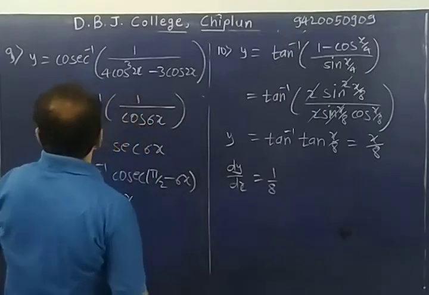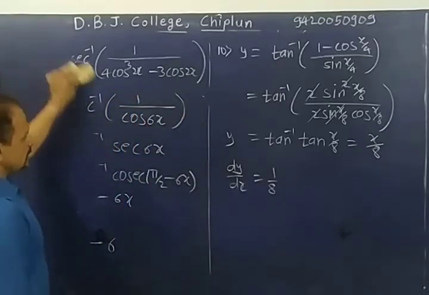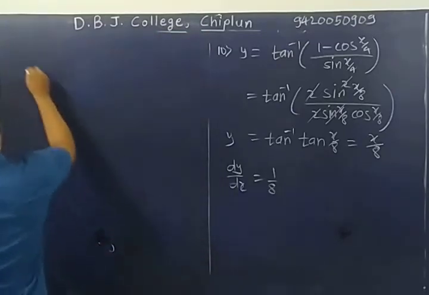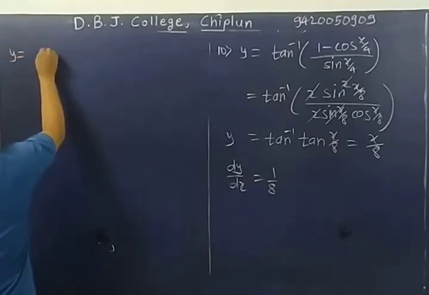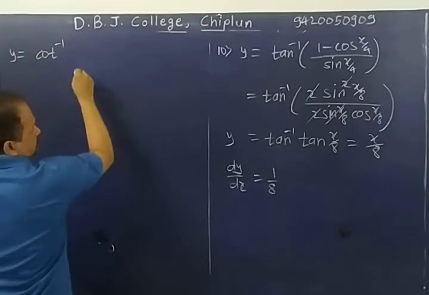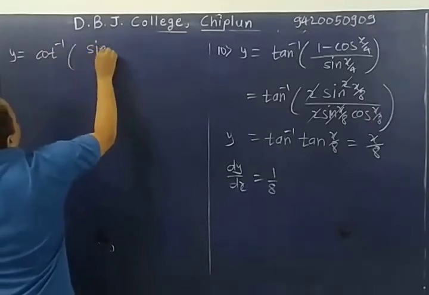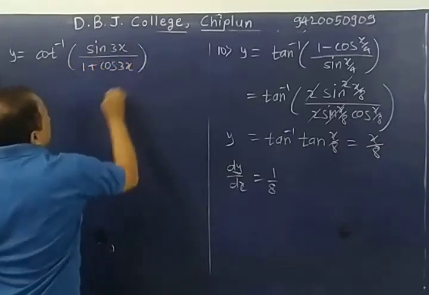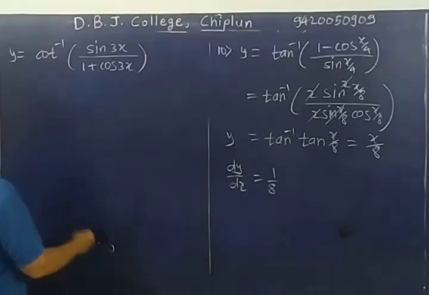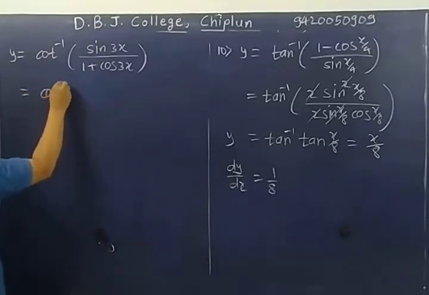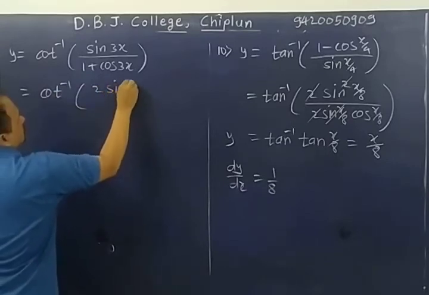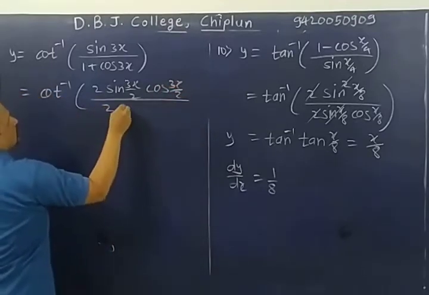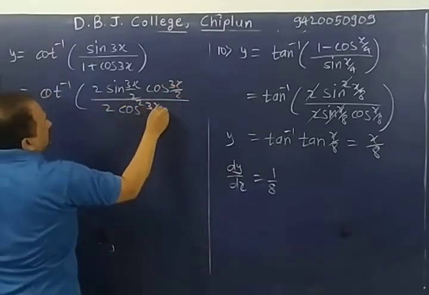Similar problem, number 11. Y equal to cot inverse of sin 3x upon 1 plus cos 3x. Exactly similar problem. Equal to cot inverse of 2 sin 3x by 2 cos 3x by 2 upon 2 cos square 3x by 2.